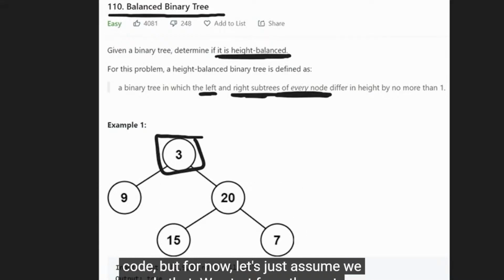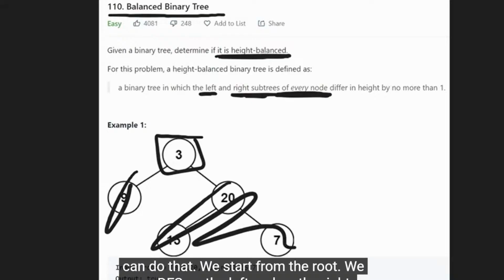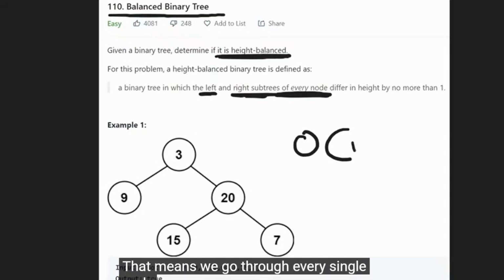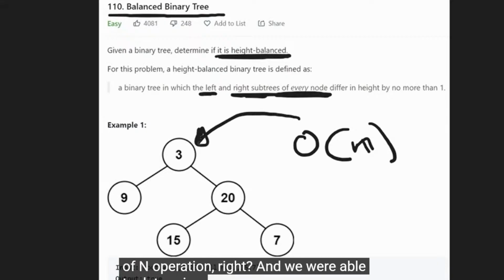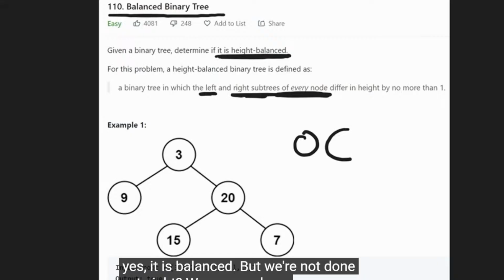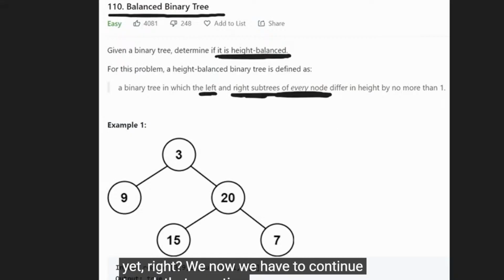We start from the root, we run a DFS on the left and on the right. That means we go through every single node in the tree. So we just did an O of n operation, right? And we were able to determine, okay, from the root node, yes, it is balanced, but we're not done yet, right? Now we have to continue to ask that question for every single node, right? So the next question we're going to ask is, suppose on the left subtree, right?